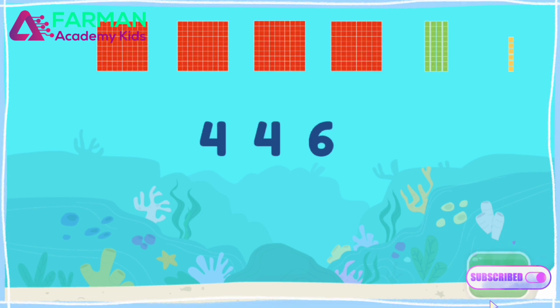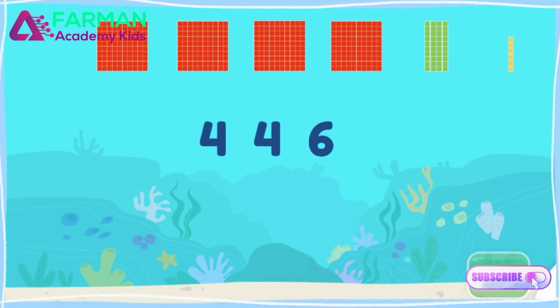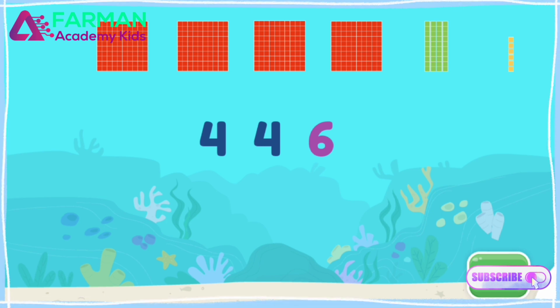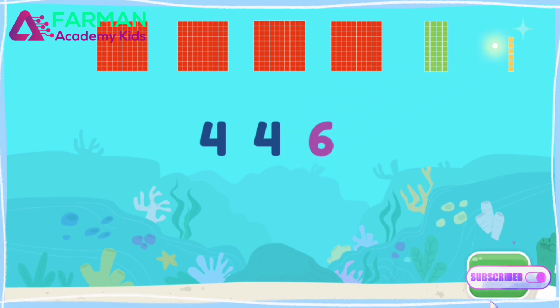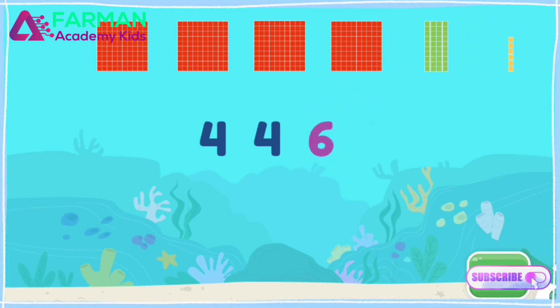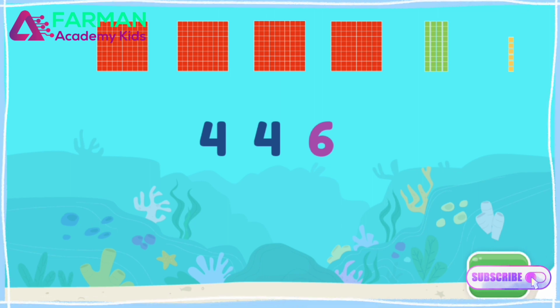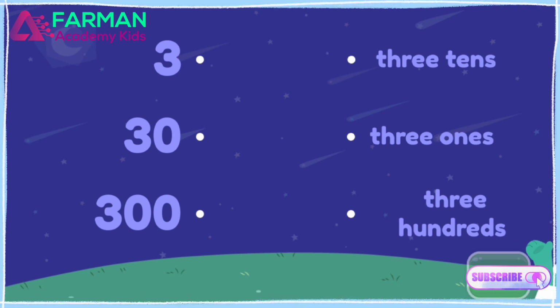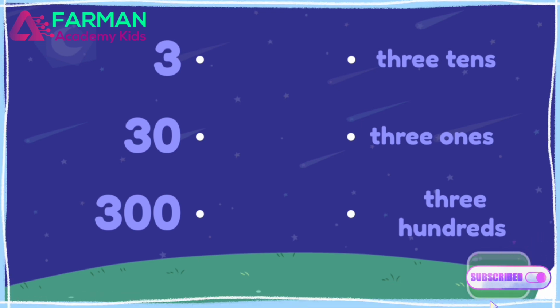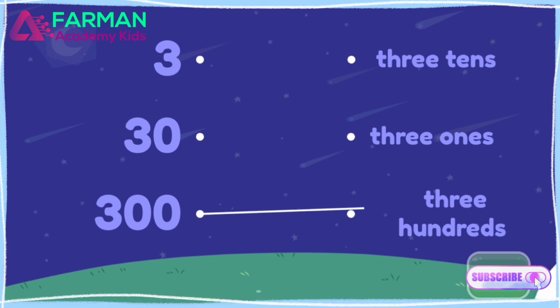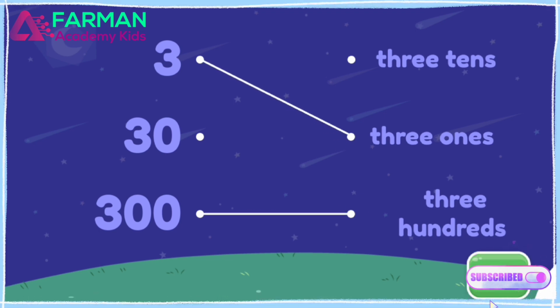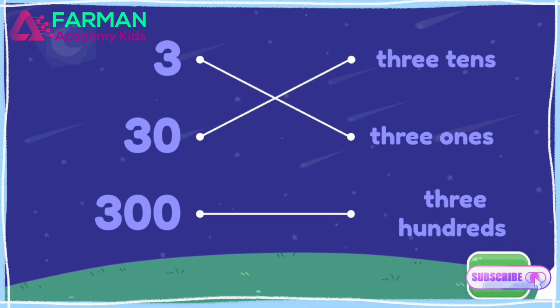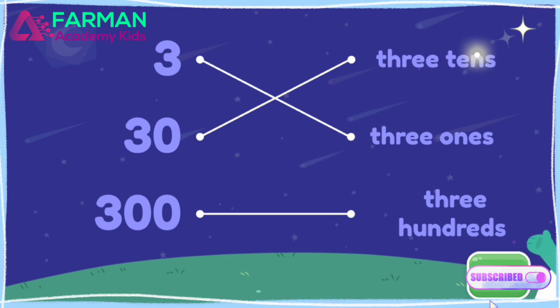Tap the digit in the number that is in the ones place. 6. Yay! There are 6 ones in the number 446. Draw a line across to match the numbers. Great!